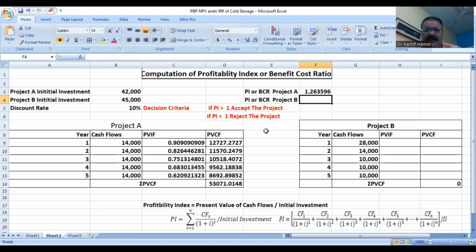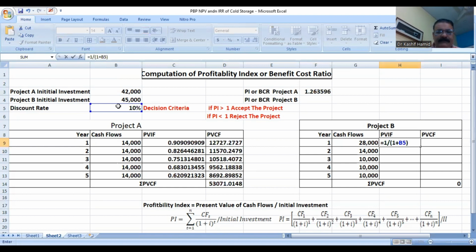And in the same manner, we will compute the benefit cost ratio or profitability index for project B. We have cash flows 28,000, 14,000, and 10,000 consecutively for the next 3 years, equal to 1 divided by 1 plus I. Interest rate is 10%.